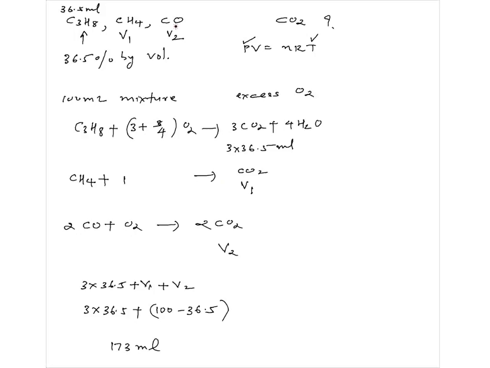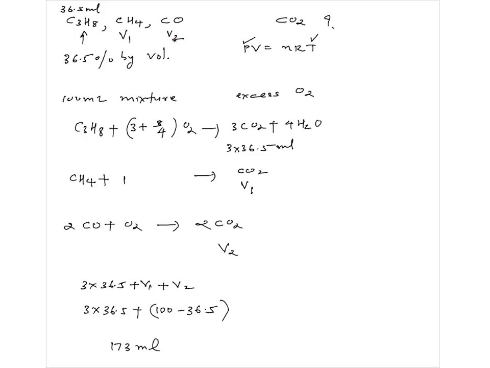Now carbon monoxide will react with oxygen and will give carbon dioxide. And that's easy to balance. So 2, 2. Carbon monoxide, we don't know how much is there.